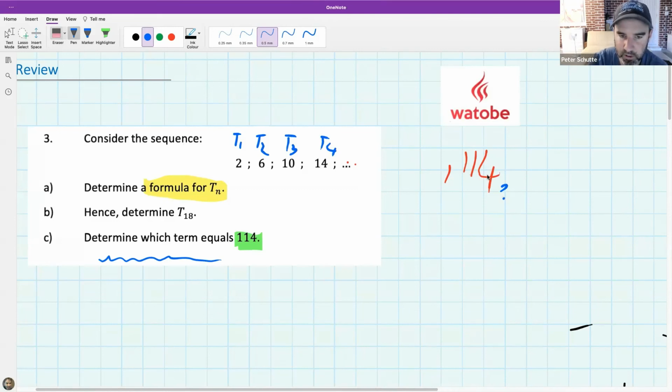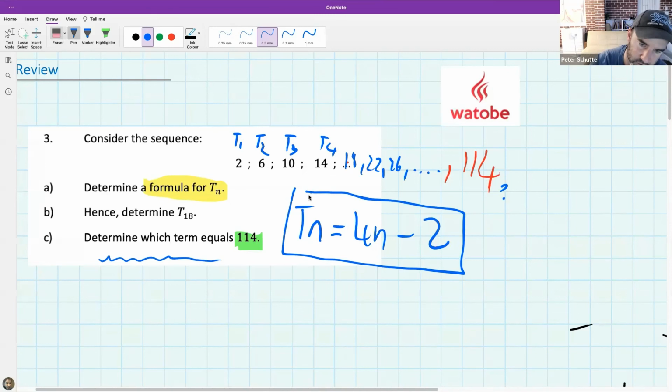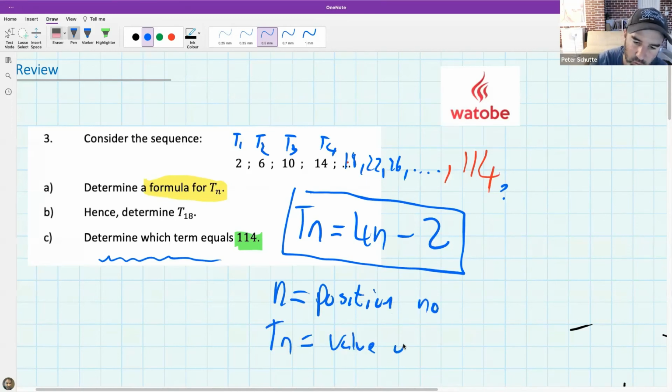One way of finding its position is to count, but that would take a really long time. So we use our formula. Earlier in the lesson, we worked out the formula Tn equals 4n minus 2. In this formula, the n is the position number, which is what we want, and Tn is the value of the term.